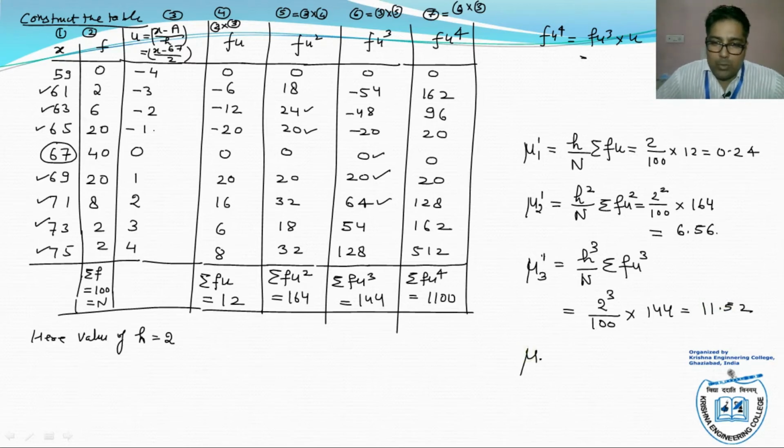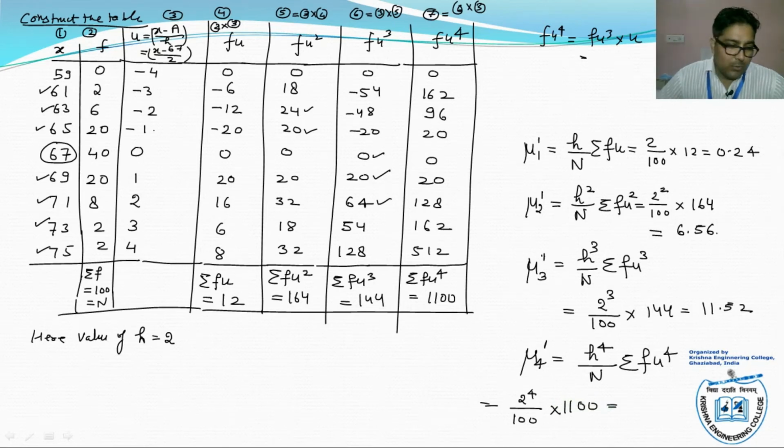And mu 4 dash is equal to h to the power 4 by n sigma fu4, 2 to the power 4 upon n is 100 into sigma fu4 is 1100. Clear? So this becomes 176. Now we have the value of mu 1 dash, mu 2 dash, mu 3 dash, mu 4 dash.